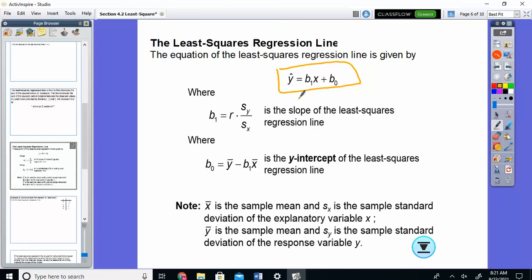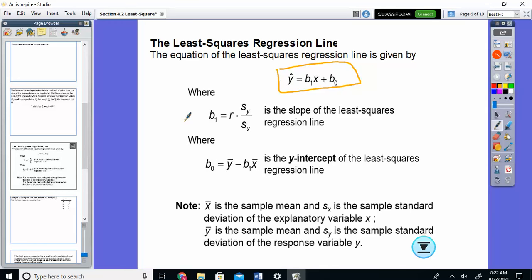And we use y hat to represent the least squares regression line. So instead of just a plain y, they typically do a y hat. Your slope and y-intercept are a little more precise than just looking at our graph and trying to guess where the best line is.